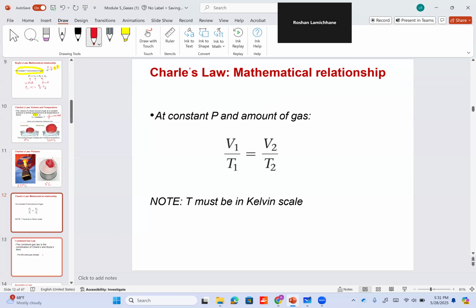And again, like I said, if you look at P, V, N, and T, Charles' law looked at V and T. All right, that means the other two have to be constant. P and N are constant for Charles' law. And one last thing about Charles' law, the really important thing is the temperature, right?